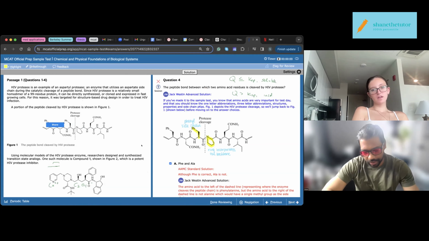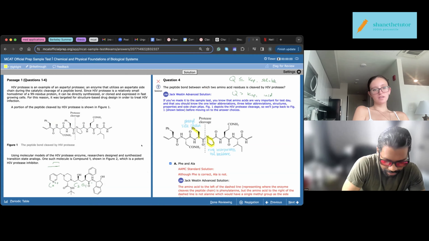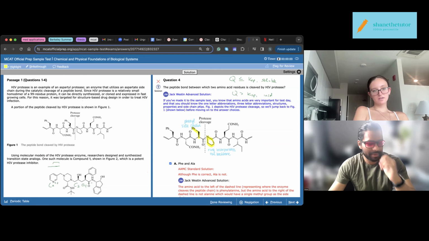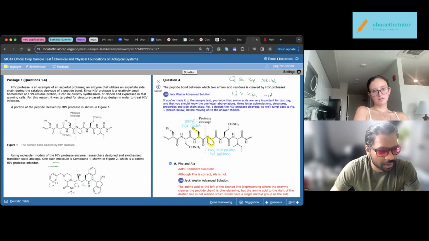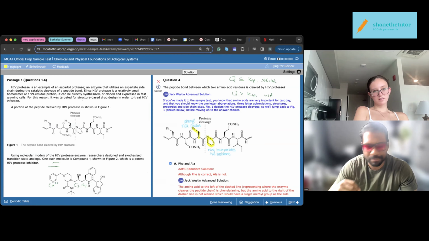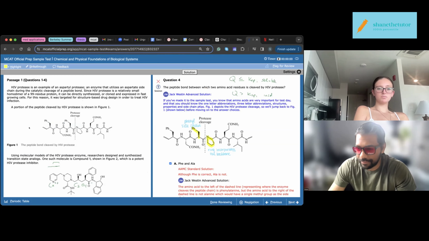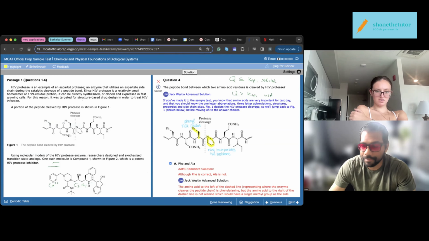I'll write this down. I recognized that this was phenylalanine. Now, peptide bonds, when two amino acids form a peptide bond, that bond is going to have... Is this supposed to be proline?